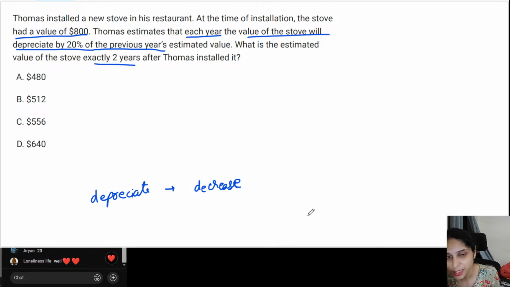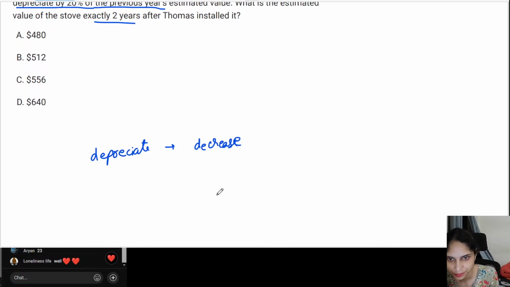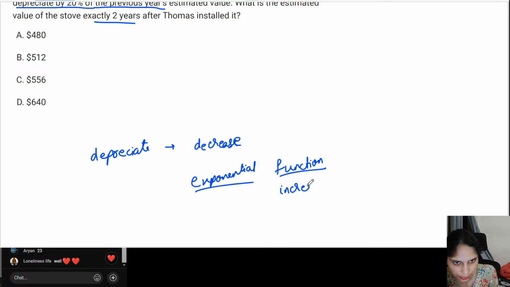So this is your exponential function. So exponential function, if it is increasing, then y is the original value a times 1 plus r to the power x.